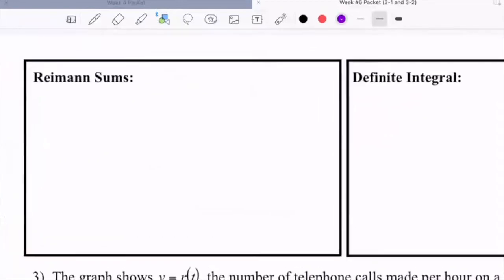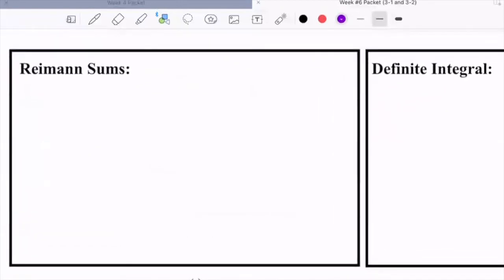So let's summarize that work here. A Riemann sum is the sum of the areas of a certain number of rectangles that approximate the area under a curve.